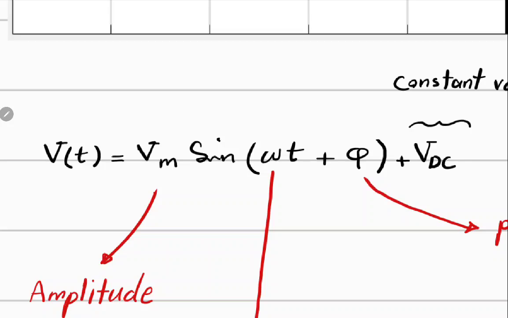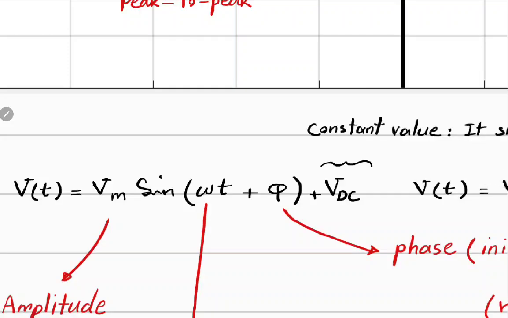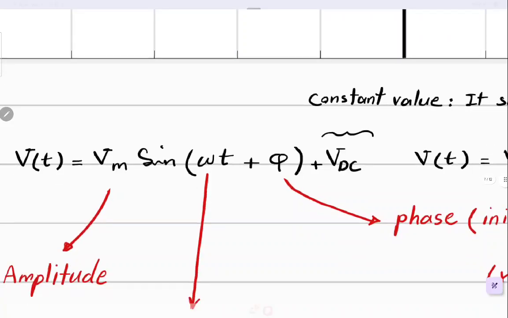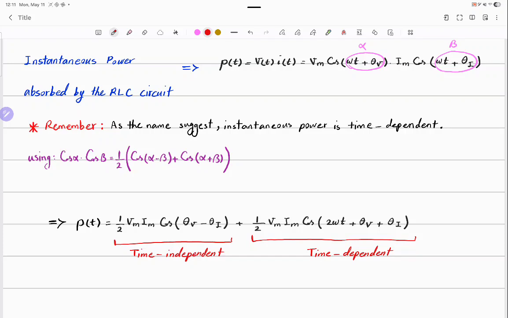It's called the DC value. You remember I called it VDC, okay? It only could shift it up or down. The reason it's called VDC here is because your original signal is voltage. But if your signal is power, instead of calling it VDC, I can call it PDC, for example, or DC power.